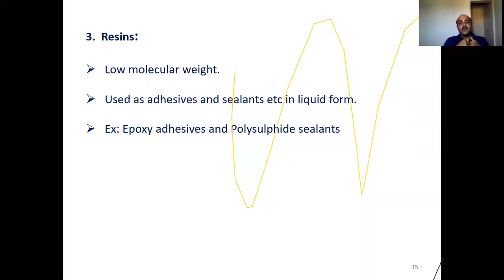Such kind of polymers we call resins. They have very low intermolecular forces across the polymer chain, and they have a low molecular weight also. Examples of such polymers are epoxy adhesives and polysulfide sealants.